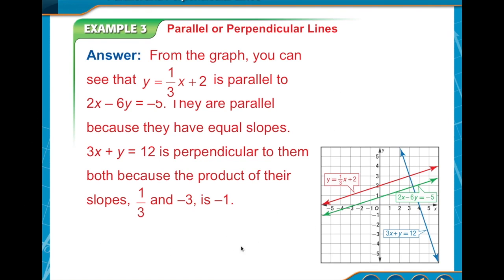You don't have to worry about all of these words here, but it is important to understand. Just have down something along the lines of 2 of them are parallel, the third is perpendicular. So we know parallel lines have equal slopes and perpendicular lines have a product of the slopes of -1, which we see here with 1/3 and -3.